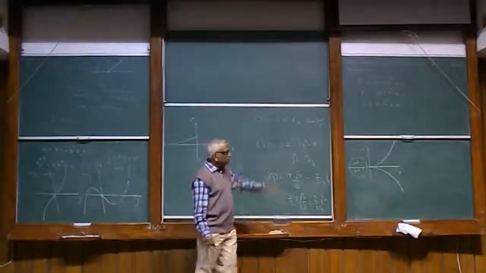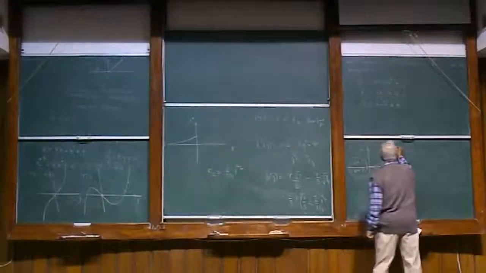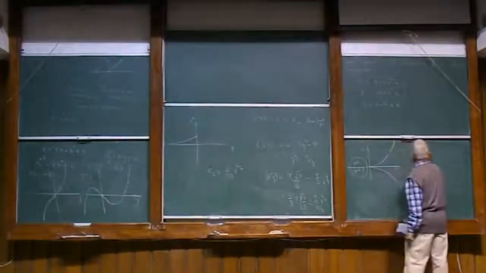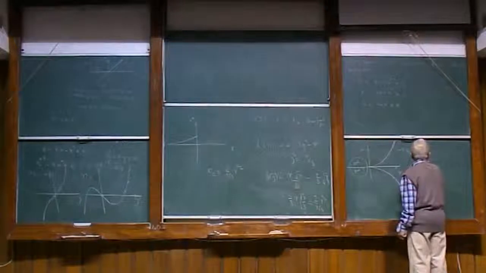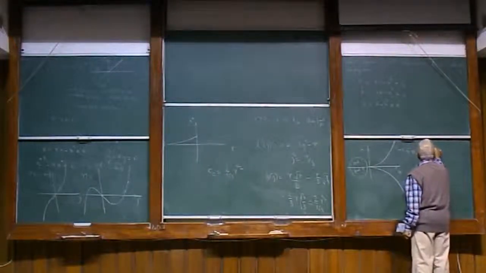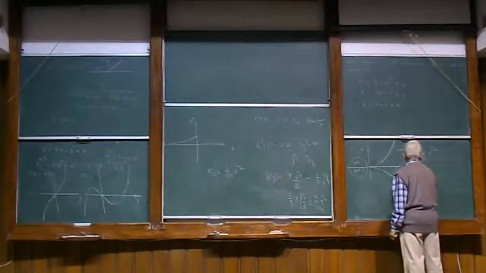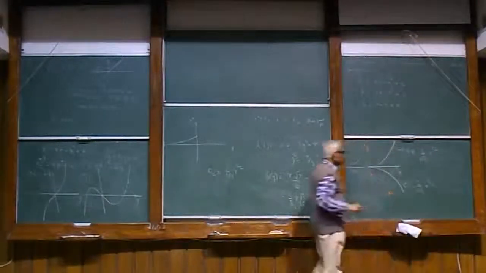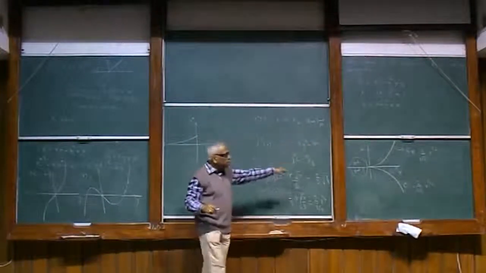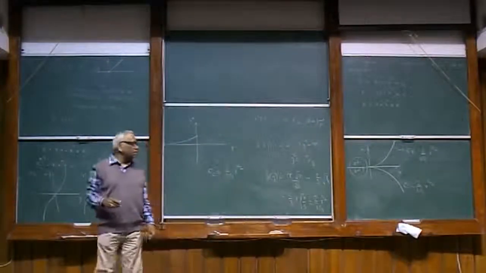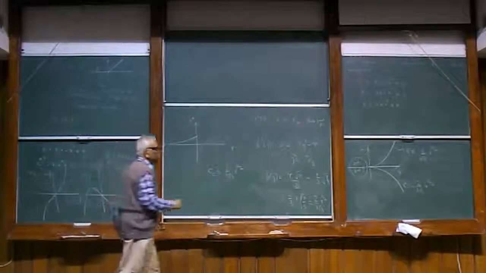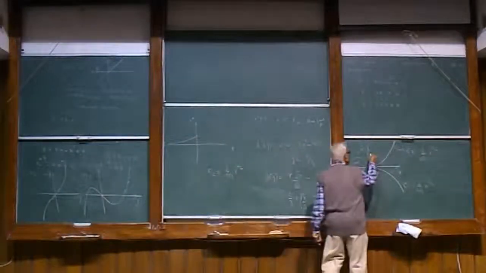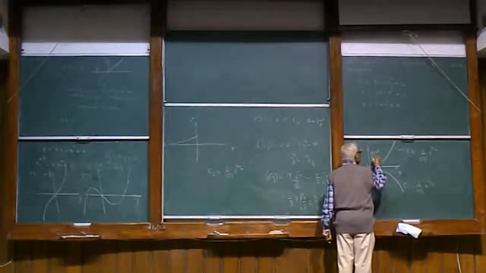So here is this curve which is epsilon equal to 2 by 3 root 3 r to the power 3 halves, and here is minus 2 divided by 3 root 3 r to the power 3 halves. If epsilon is greater than that critical value over there, then you still have one fixed point.